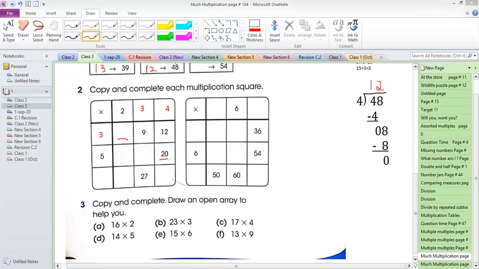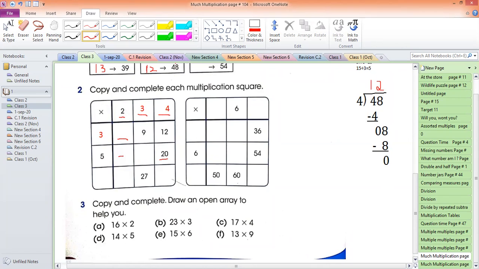Why, guys? Because I tell you, this 2, 3, 4 you have to find out. Okay, you have found these numbers: this 2, this 3, and this 4. Now all numbers will be multiplied by these 3 numbers and you will get these answers. If you want to know this number, you multiply this by this 2.